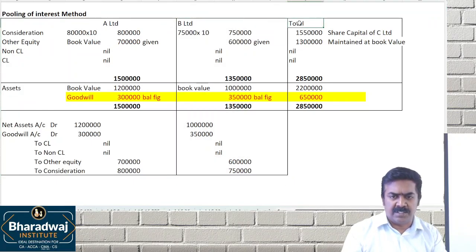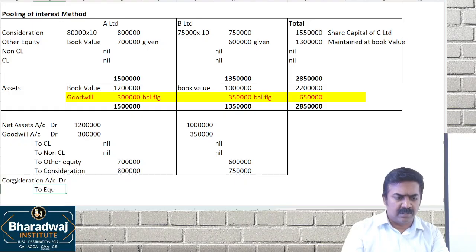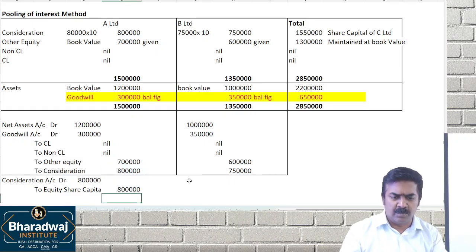This is like a balance sheet after business combination. And now the consideration is paid. Consideration account debit to which account? Equity share capital. Pooling of interest method, nothing more.